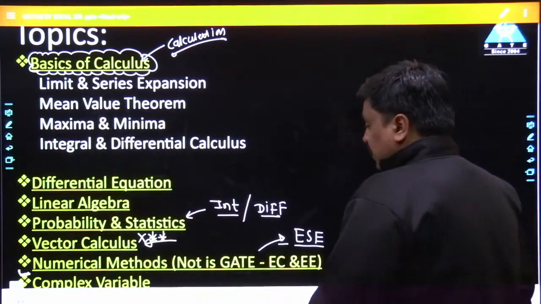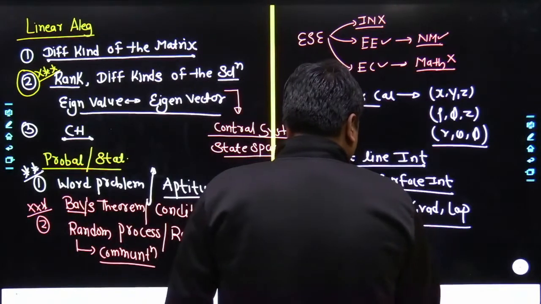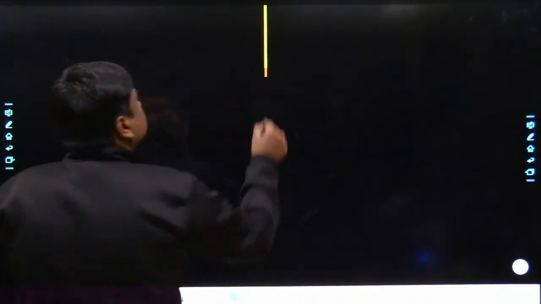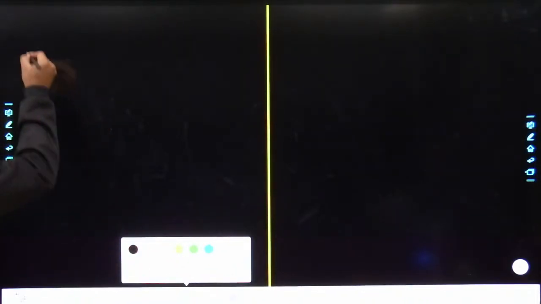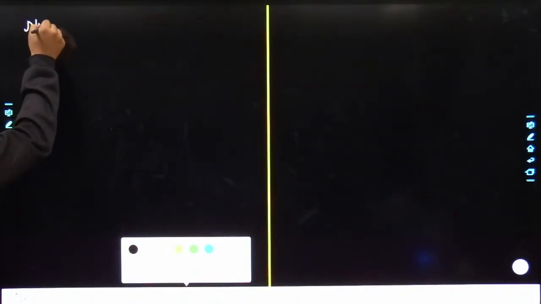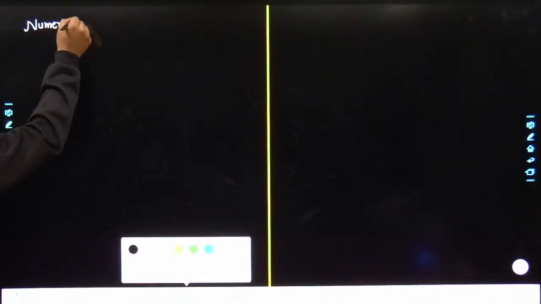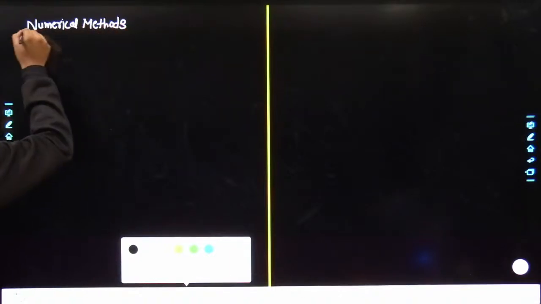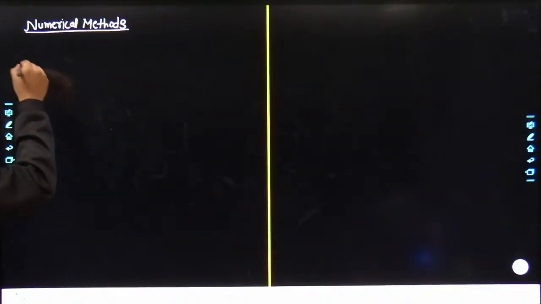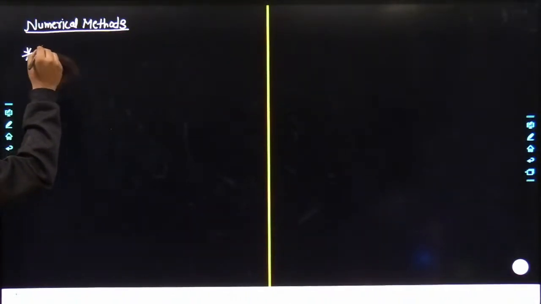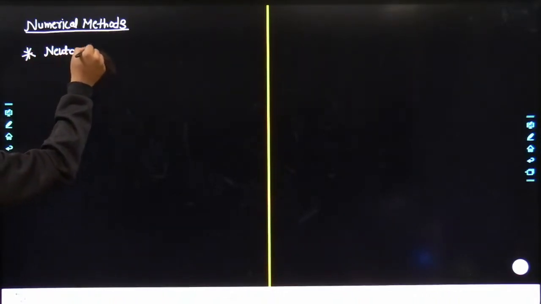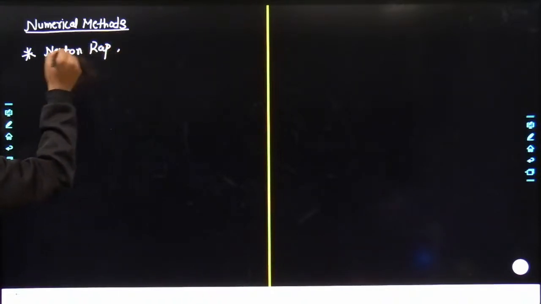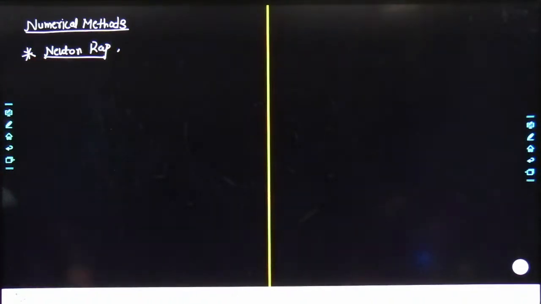So anyways, if I would be discussing the numerical methods, let me go to the next slide. If I would be focusing on the numerical methods, I would suggest in the very beginning, you just focus on Newton-Raphson, which is the technique to solve algebraic and transcendental equations.